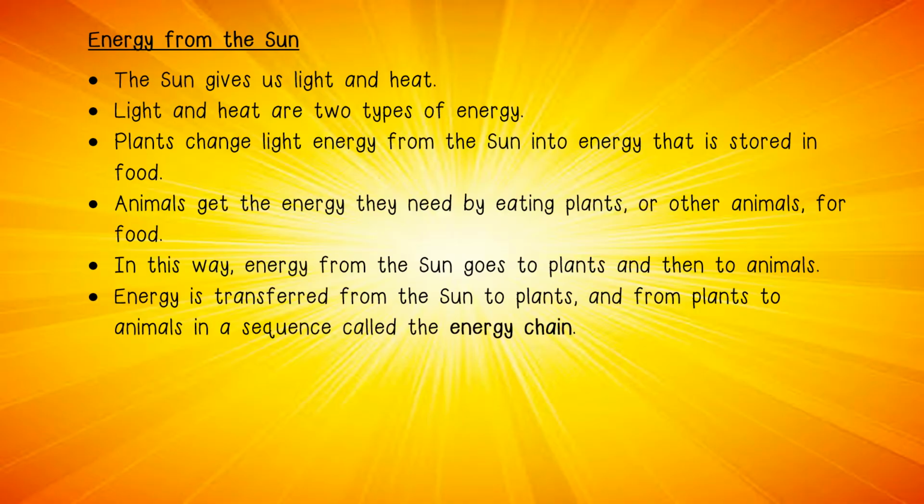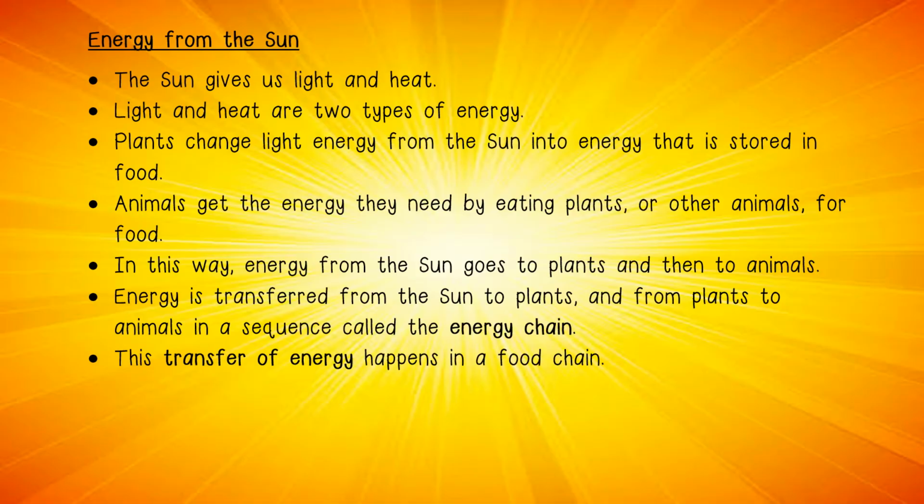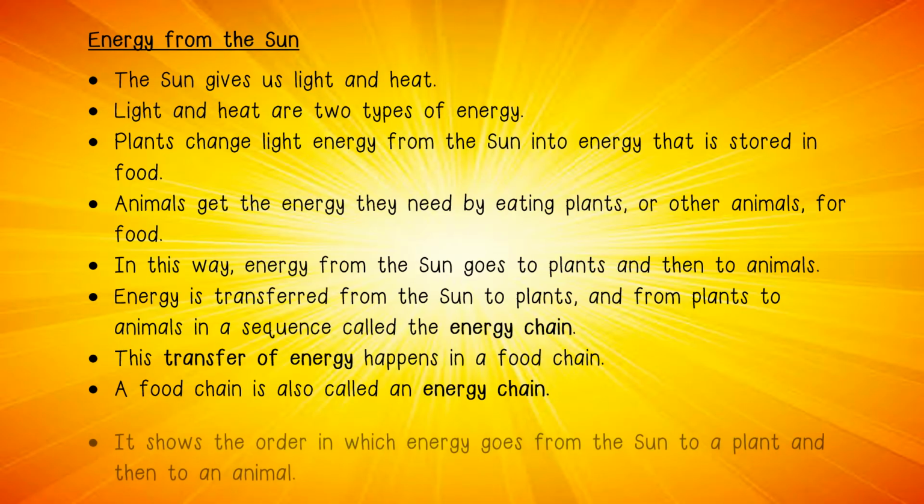Energy is transferred from the sun to plants and from plants to animals in a sequence called the energy chain. This transfer of energy happens in a food chain. A food chain is also called an energy chain.